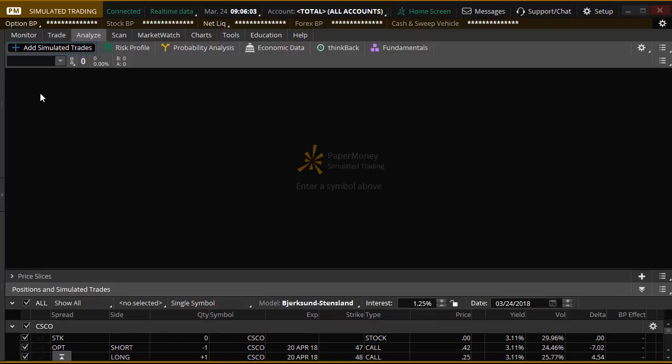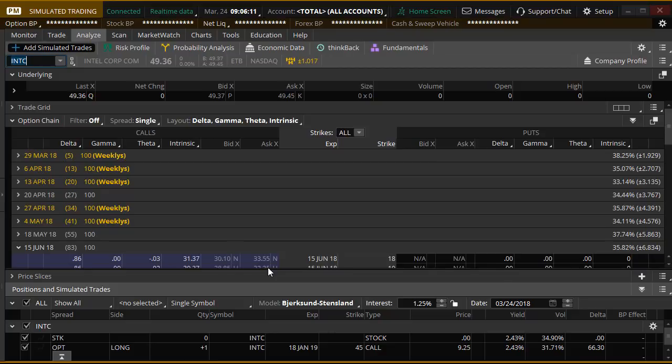So let's take a look. Let's just grab any stock. Let's bring up Intel. And let's kind of take a look at how so many of these things are very, very similar.